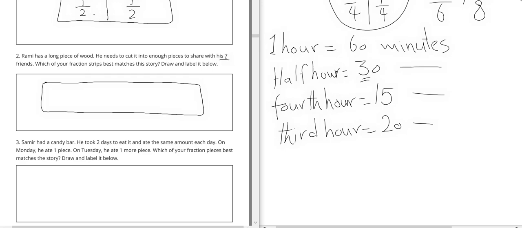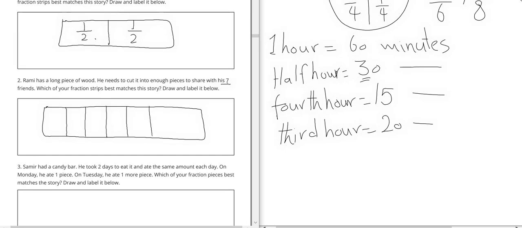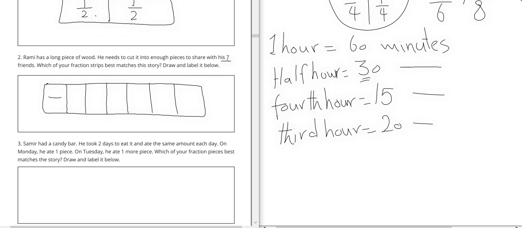We divide it into 7 equal parts. 1, 2, 3, 4, 5, 6, 7. How many parts do we have? 7. We write 7 at denominator. And this part is 1 of 7. We write 1 in numerator.